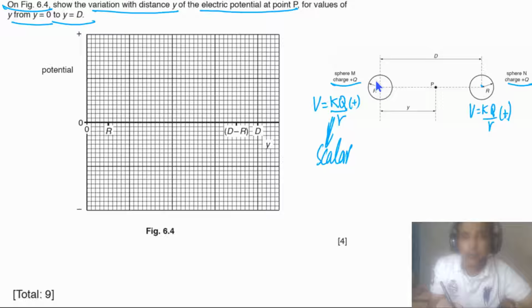Also we need to understand that the electric field inside any metal sphere is equal to 0. So the potential inside the sphere will not change. So we will have the maximum value of potential at this point. We can say this will be Vs maximum, and we will have the maximum value of the potential at this point as well.